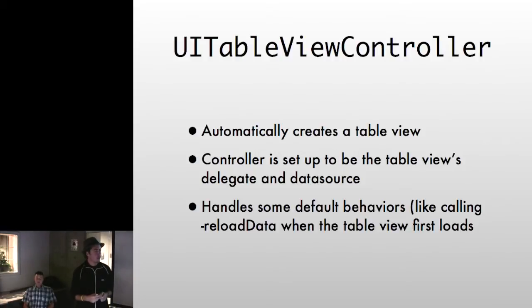So for the most part, if you make a table view controller subclass in Xcode, it will automatically provide bodies for pretty much all of the delegate and data source methods that are interesting, and then you just fill them in. And it handles some nice default behaviors, like the first time the table is shown, it loads all the cells that need to be on screen and that kind of thing.